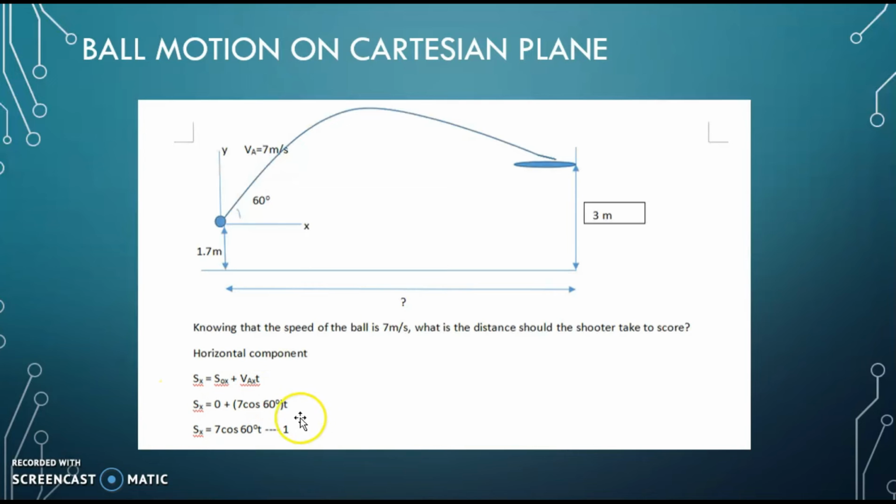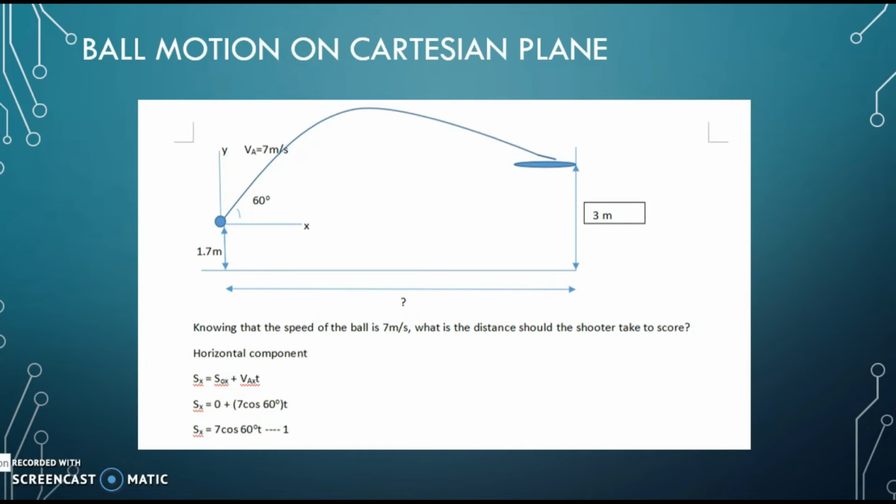Then we input the value of the initial displacement and the initial velocity of the horizontal component, and so we get an equation which is the final displacement of the horizontal component is equal to 7 cos 60 degree times t. That is the first equation.